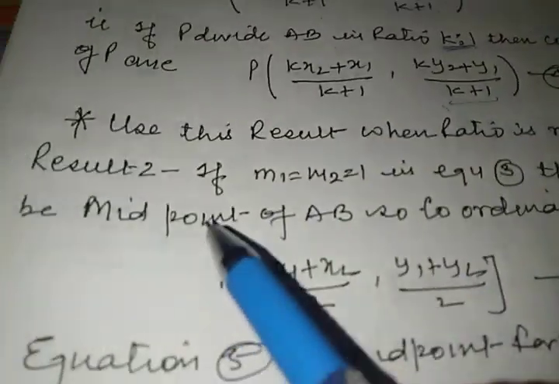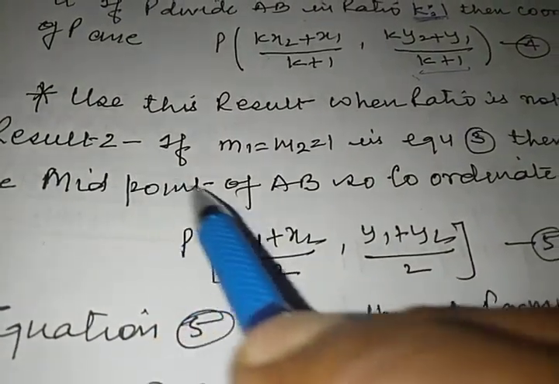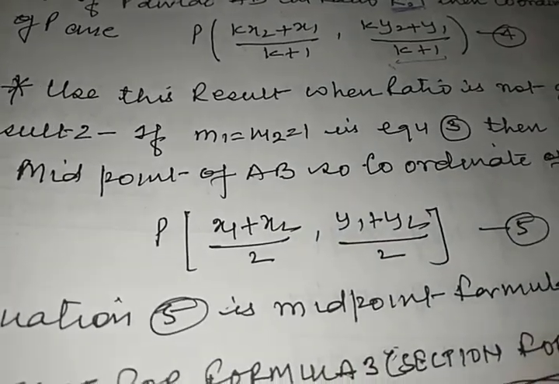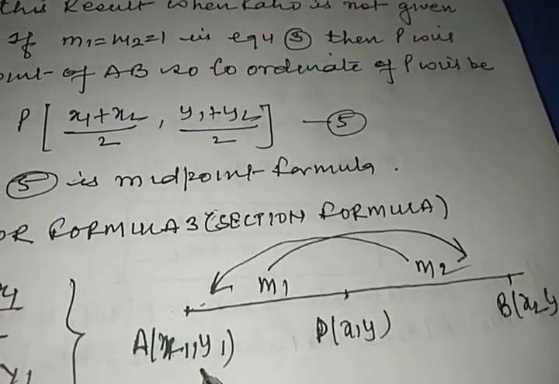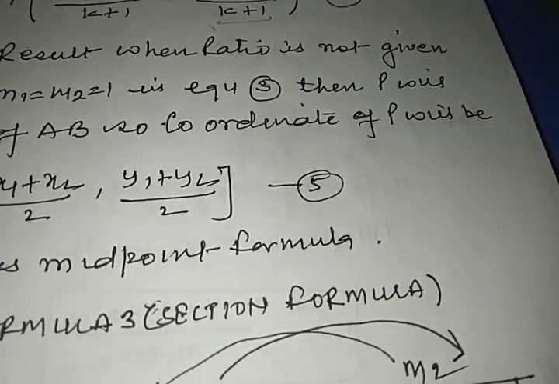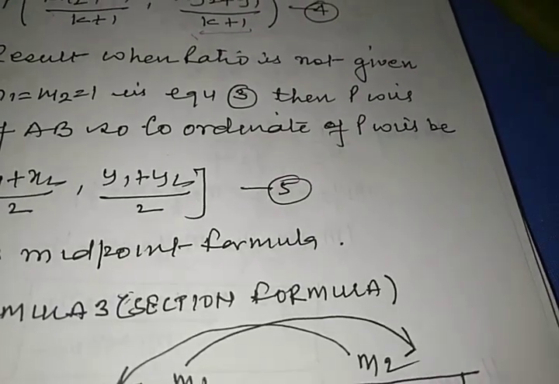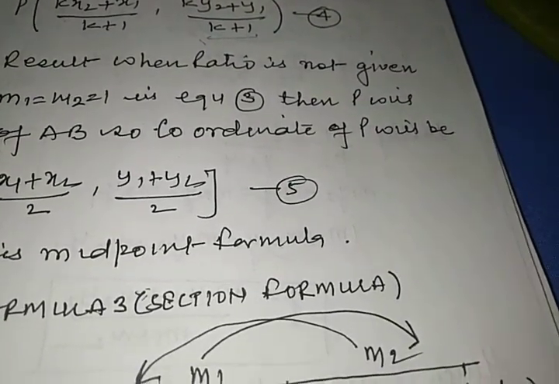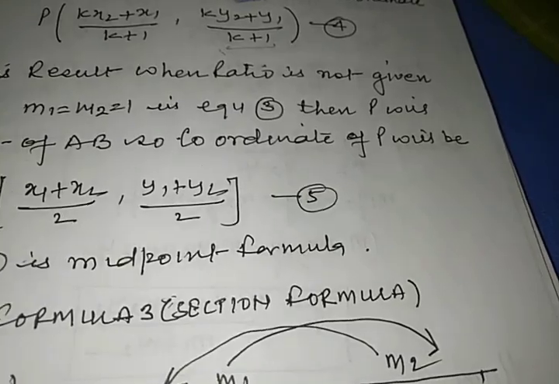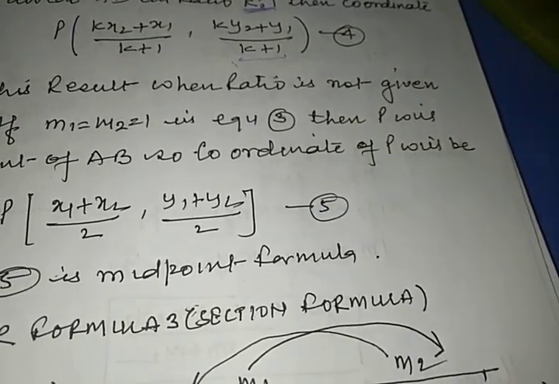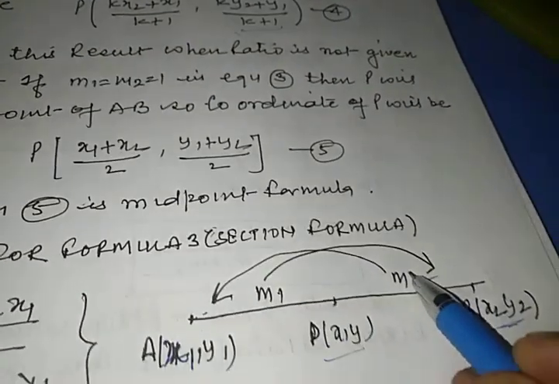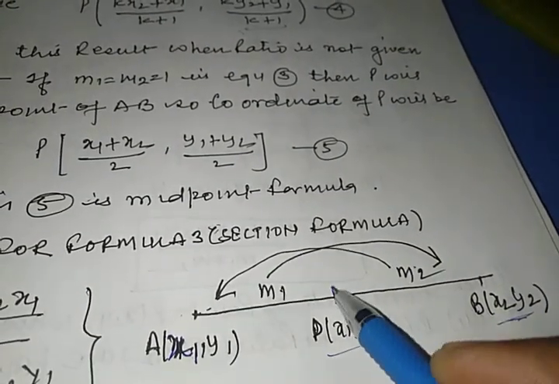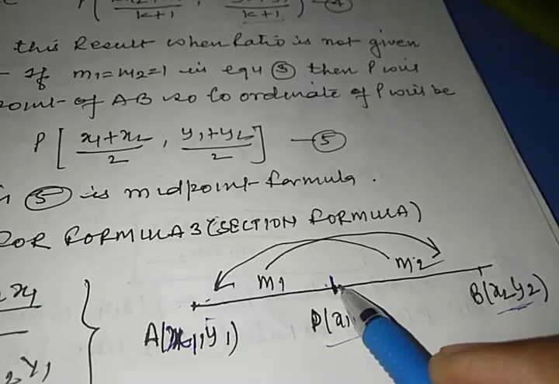Now result 2. Result 2 says if M1 equals M2, meaning M1 by M2 is equal to 1, see it here. This is A (X1, Y1), this is P (X, Y), and this is B (X2, Y2). If M1 and M2 are equal, then P will be the midpoint, then AP will be equal to PB.